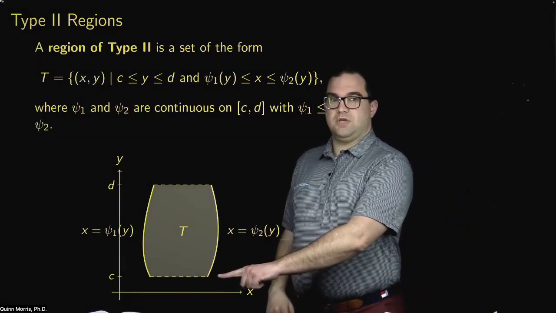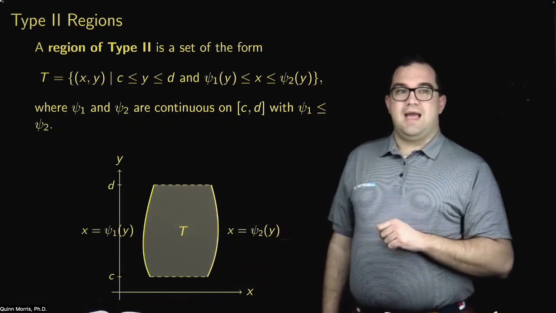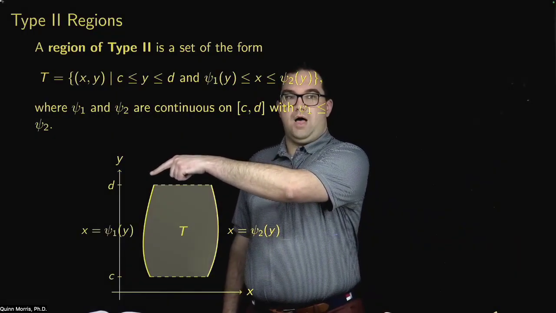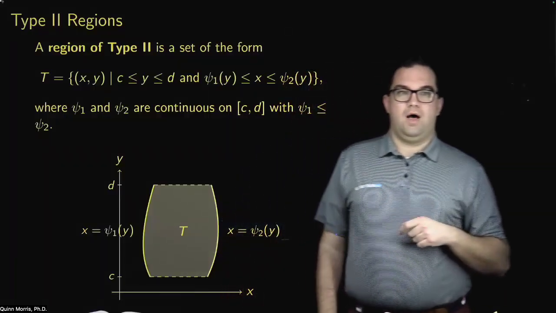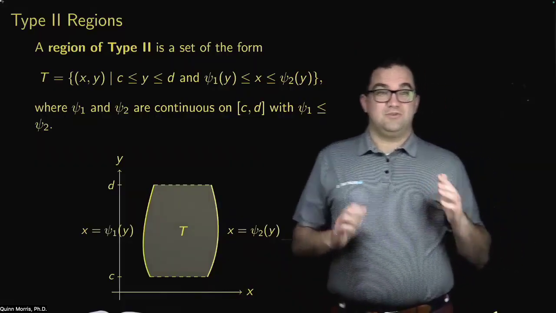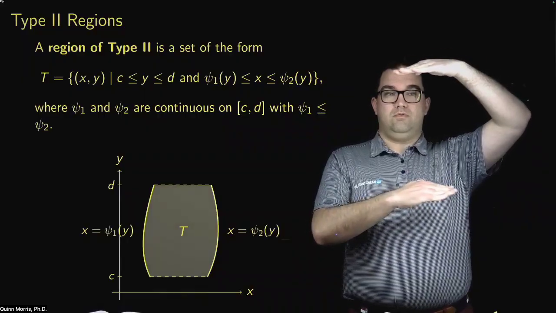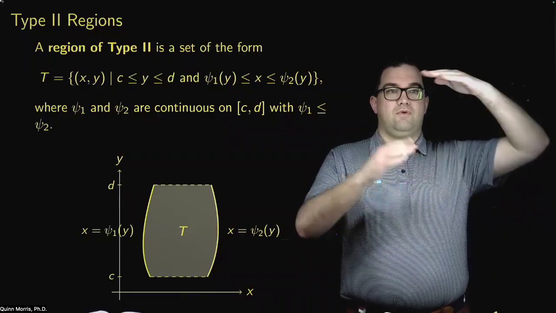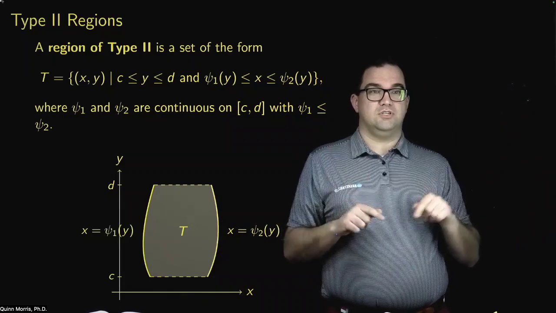So here I have horizontal lines, one at c and one at d, and then my x values are bounded between two functions of y, psi1 of y and psi2 of y, where again psi1 and psi2 are continuous functions. Again, these are one step away from a rectangle, except now I'm keeping the horizontal sides constant, but letting the left and right sides become functions of y.